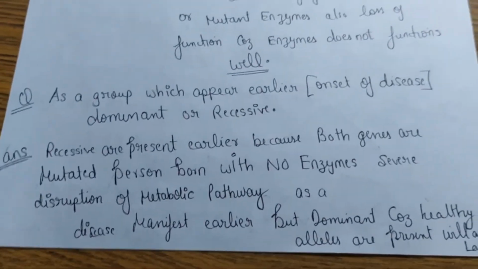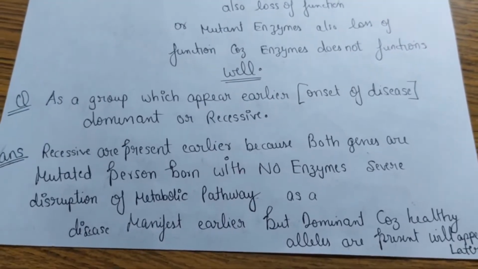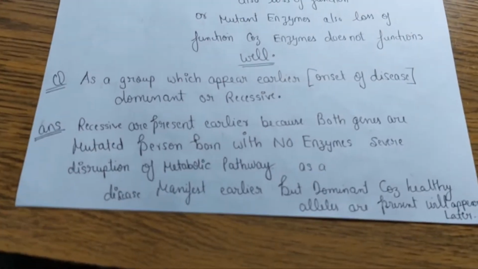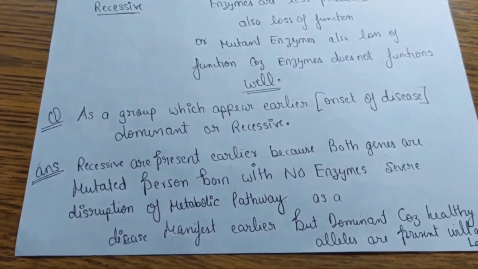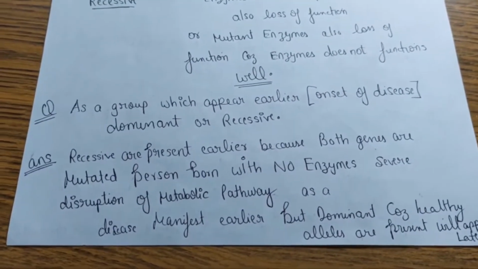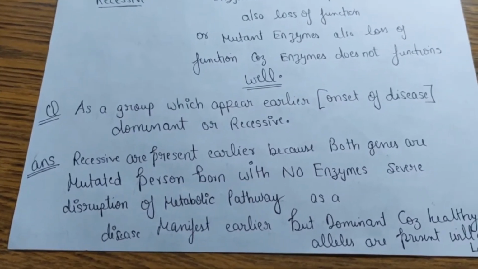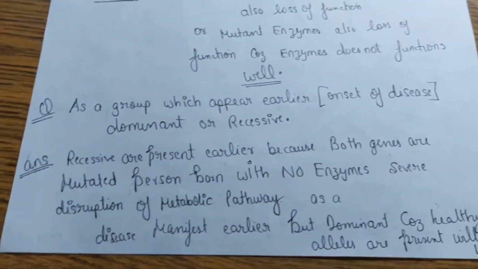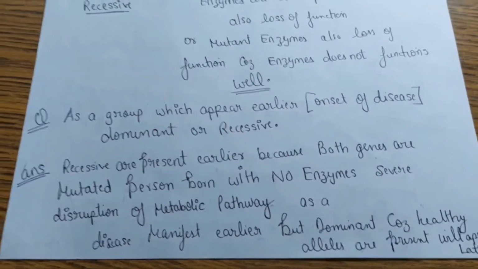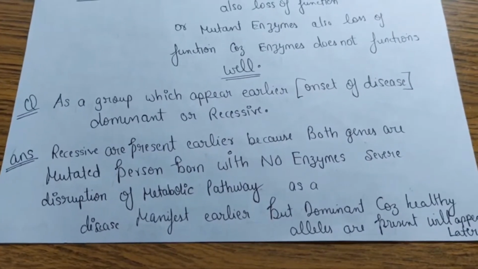Now we have a question: as a group, which disease appears early, or which has an earlier onset, autosomal dominant or autosomal recessive? The answer is that autosomal recessive diseases manifest their effects at an earlier age because both genes are defective or mutated in the person, and when the person is born he will have no enzyme, so there will be severe disruption of the metabolic pathway.